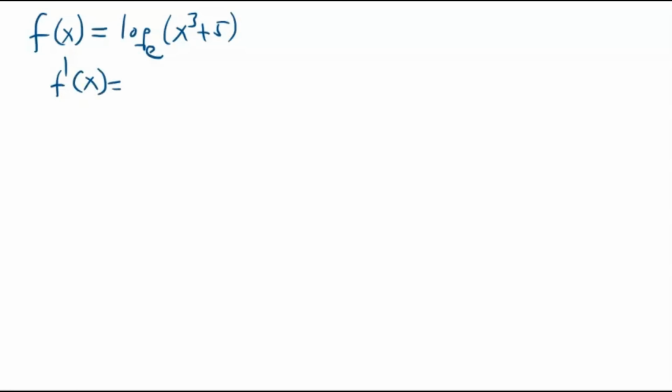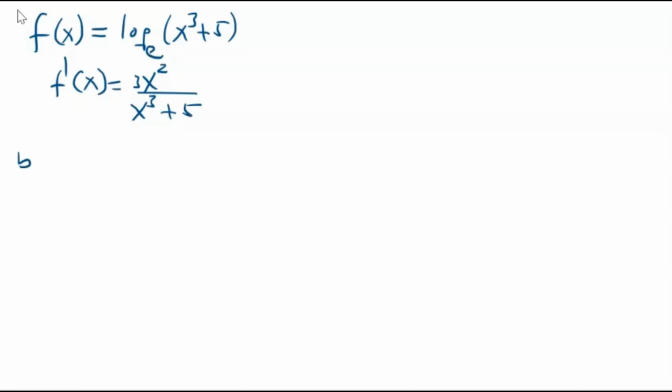So our f of x was this, and the derivative of this will be that. Everything inside, we just differentiate, and it's going to be 3x squared over x cubed plus 5. So that is f prime x.